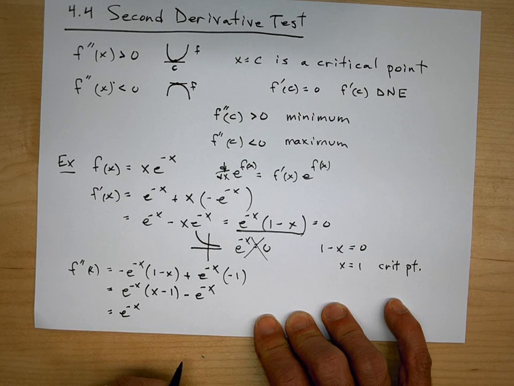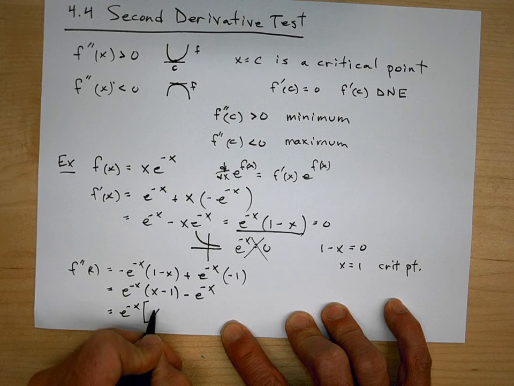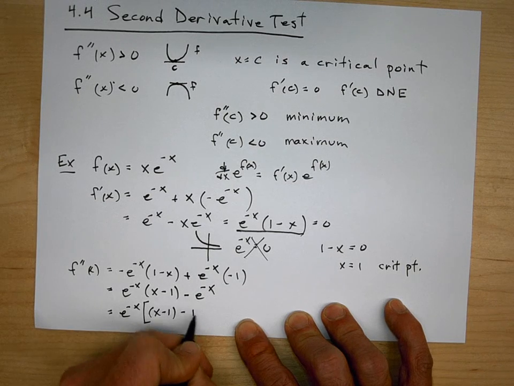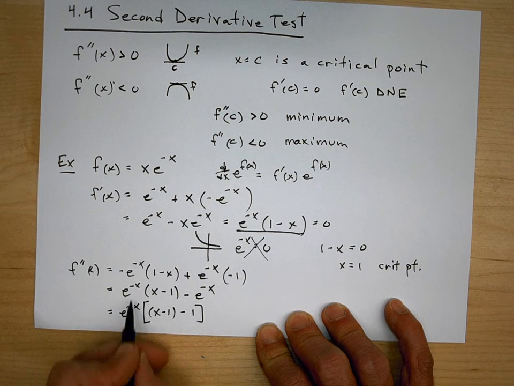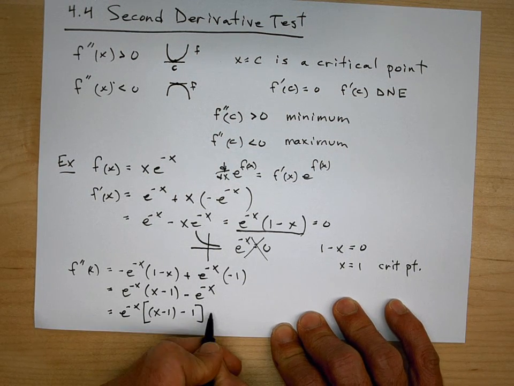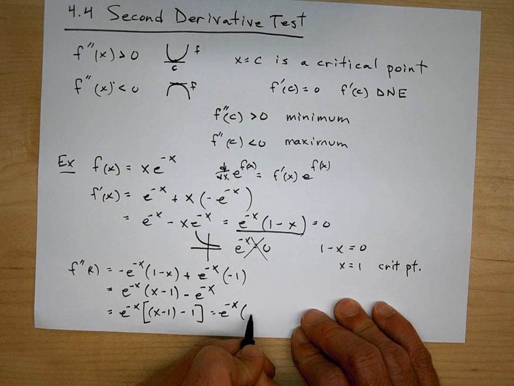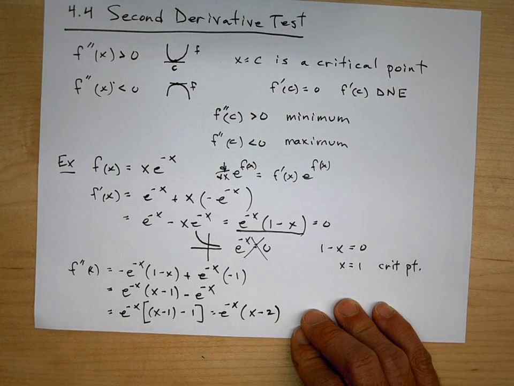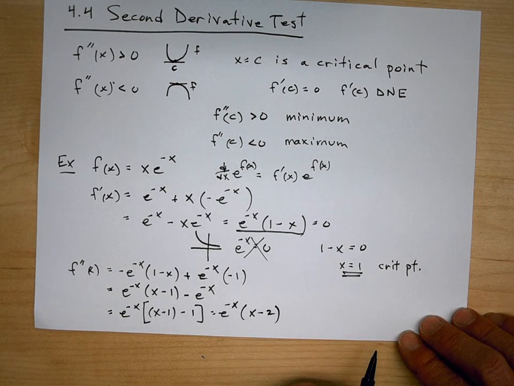So here I'll be just left with a 1, so I'm left with x minus 1 minus 1, right? Because I can multiply this back to get that term and multiply that back to get this term. And then in here, I can simplify. I have e to the negative x times x minus 2. That's my second derivative.